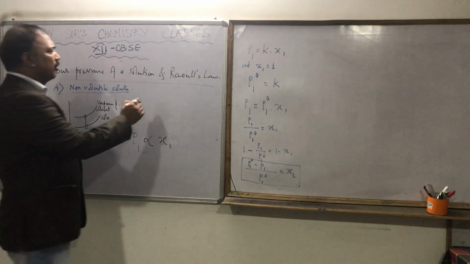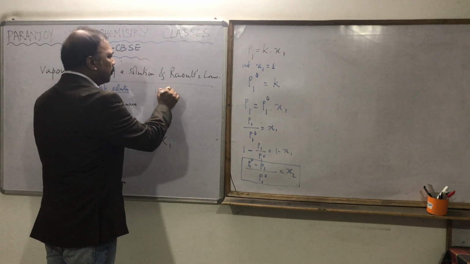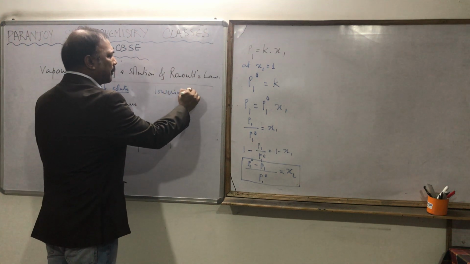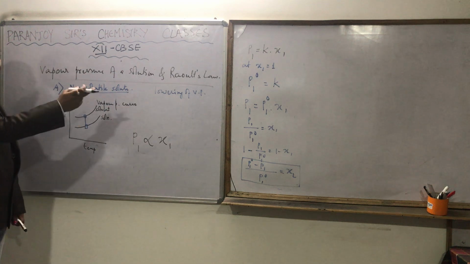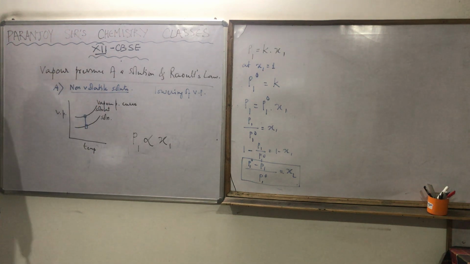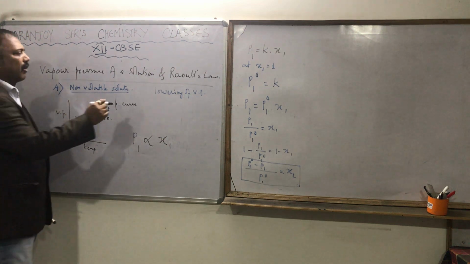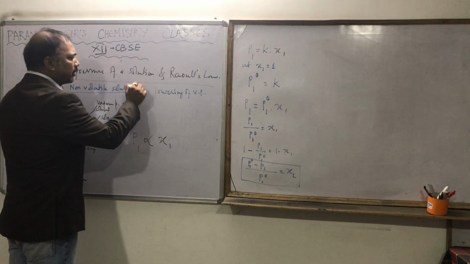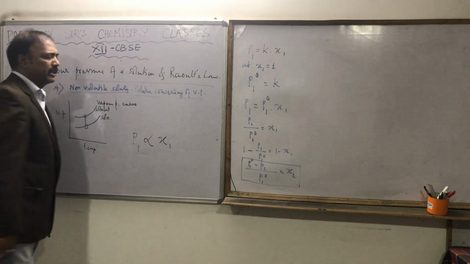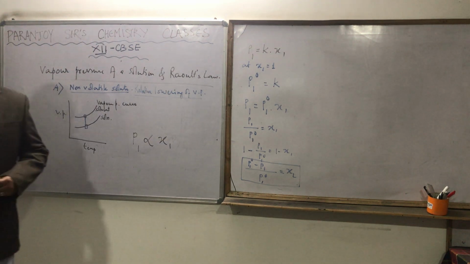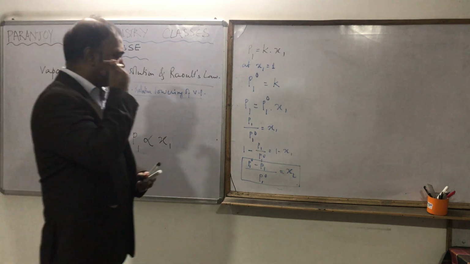We call it lowering of vapor pressure. Fine? Okay. Now when that numerator is divided by P10, meaning we are taking the ratio of it, we call it relative lowering of vapor pressure. Means the whole thing on the left hand side is expressed as relative lowering of vapor pressure.